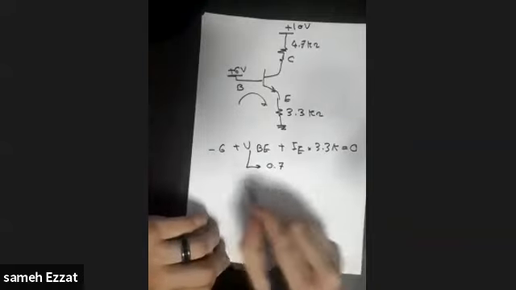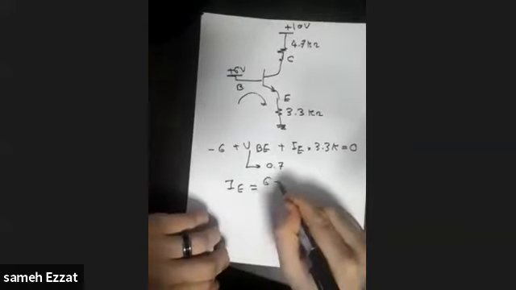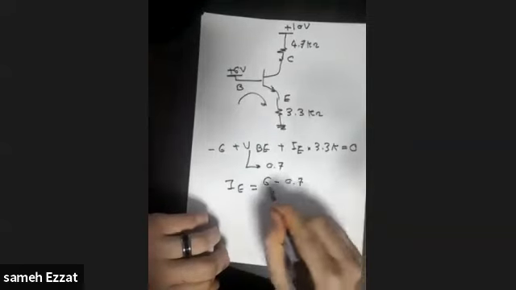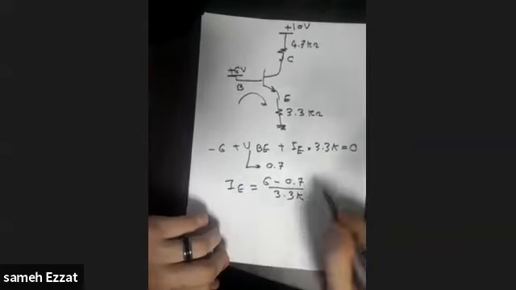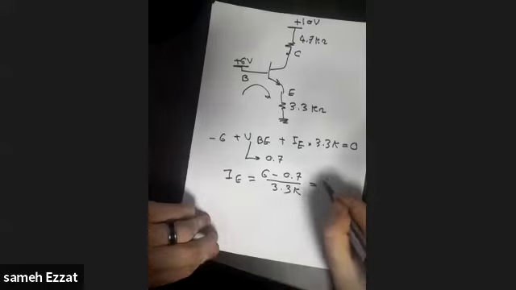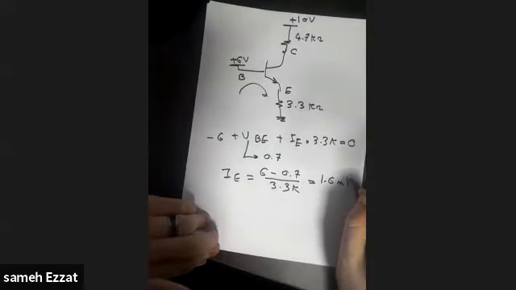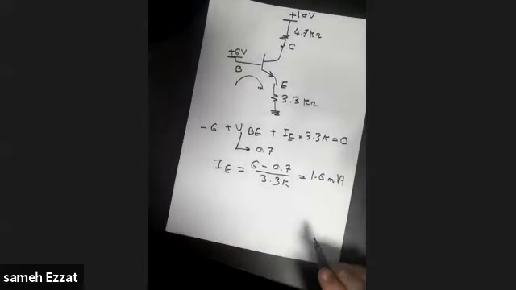Now, we can say that IE is equal to 6 minus 0.7 over 3.3. Here it is K, of course. So, this will result in a current on the emitter of 1.6 milliampere. Great. So we have the emitter current of 1.6 milliampere.